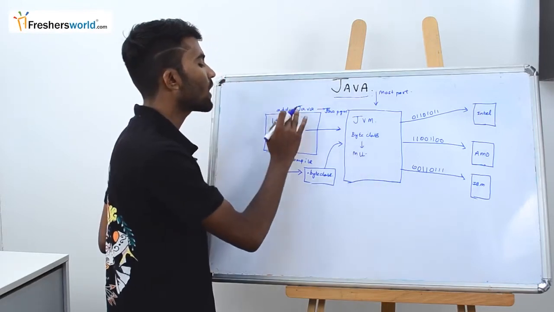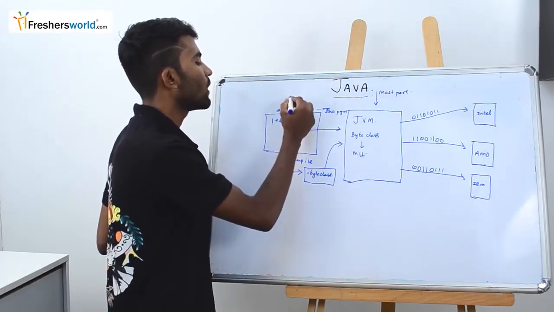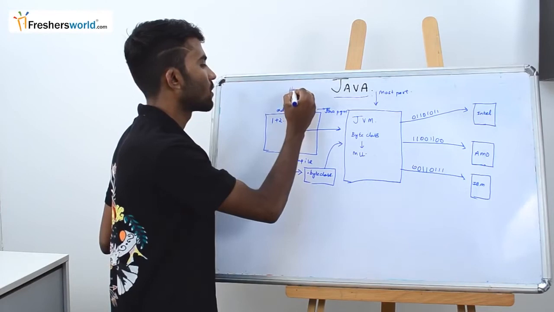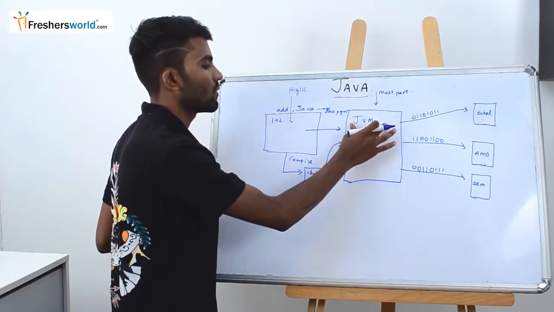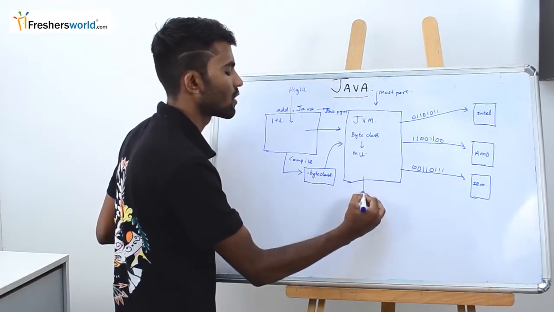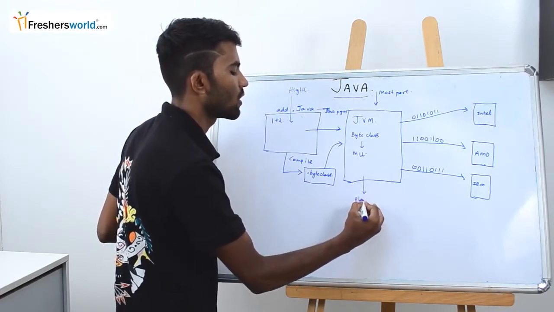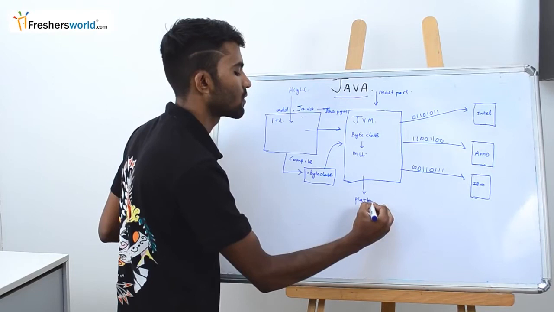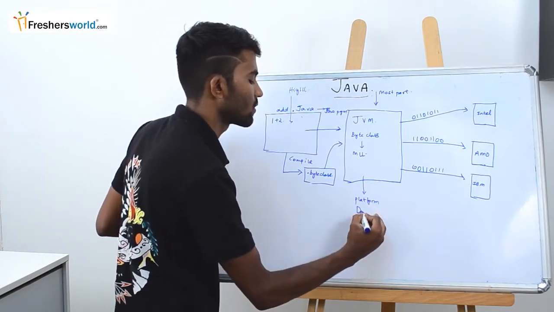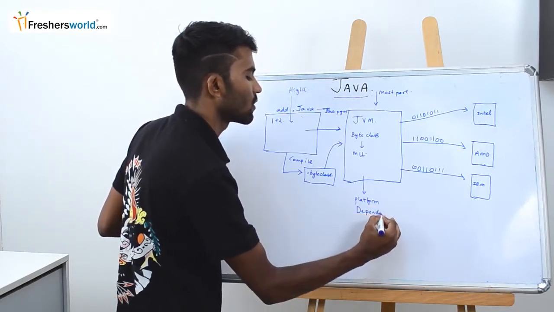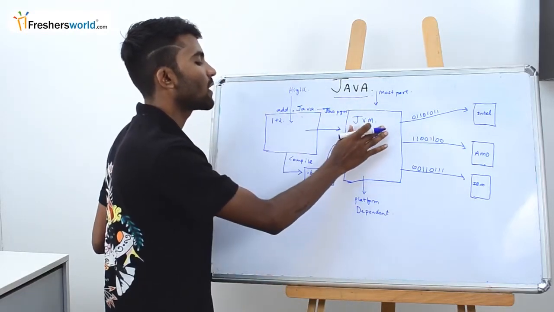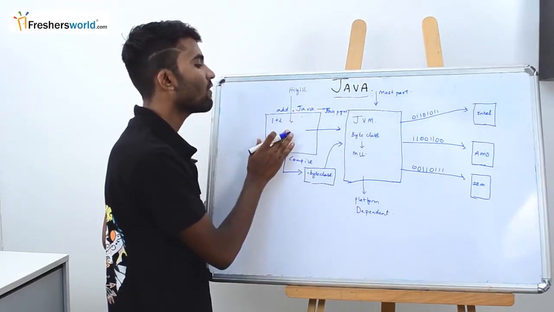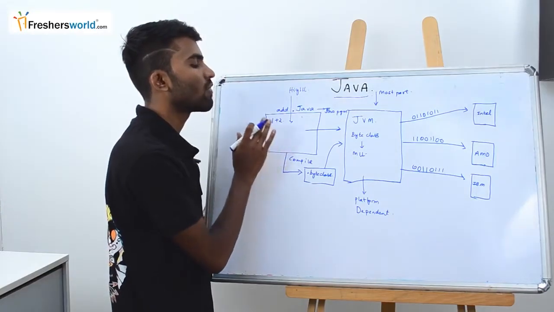Now the program that you write in Java would be high level language. Now the JVM is platform dependent, whereas the Java programming language is platform independent.